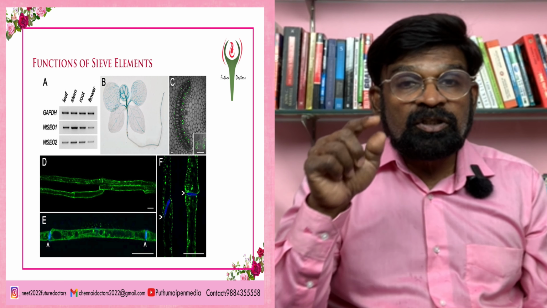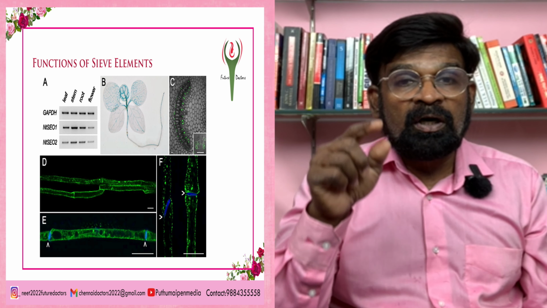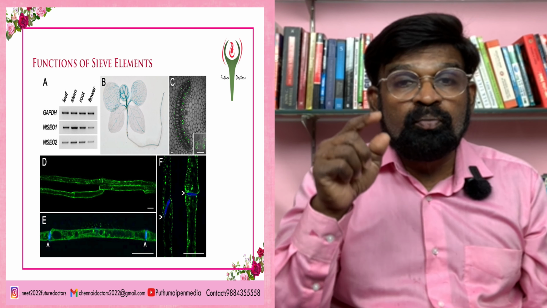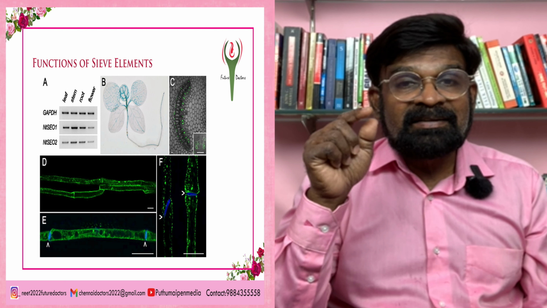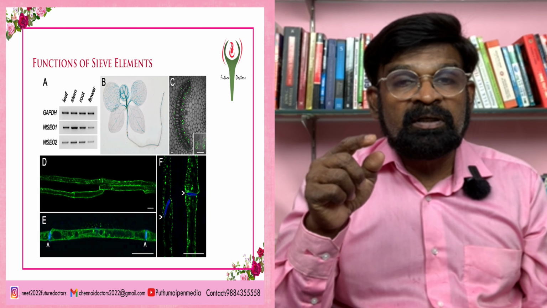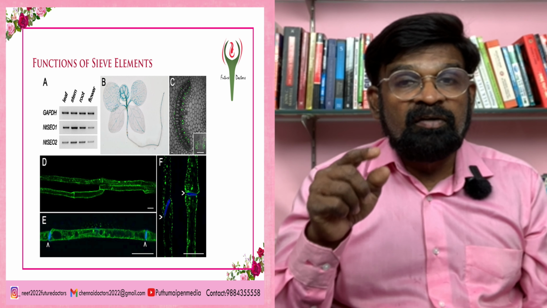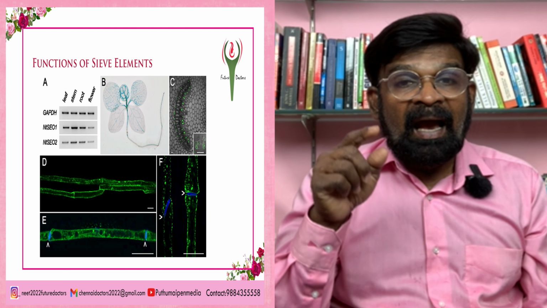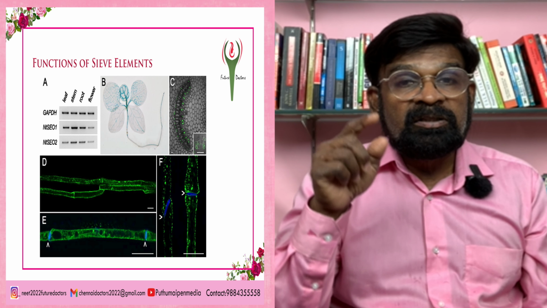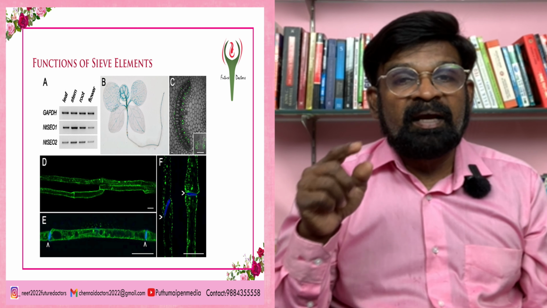Companion cells. These are specialized parenchymatous cells which are closely associated with the sieve tube elements. Usually a single companion cell is found associated with the sieve tube member. The cytoplasm of sieve tube elements and companion cells are connected by thin cytoplasmic strands called plasmodesmata.